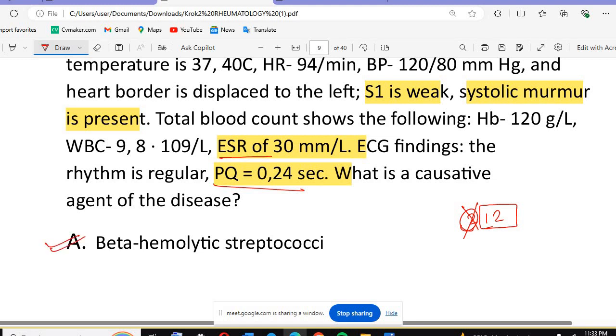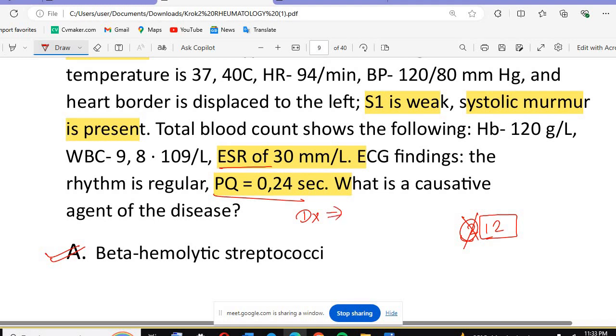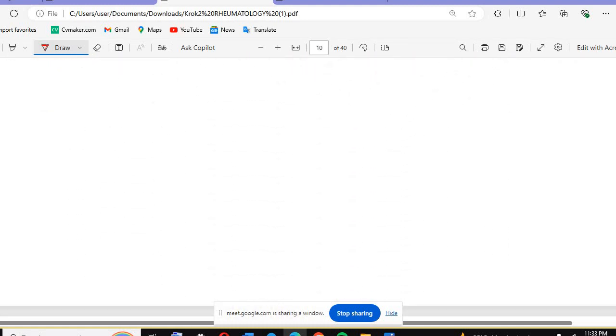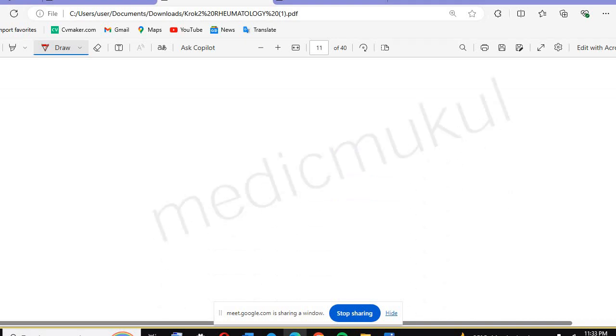The causative agent is beta hemolytic streptococcus. What is the diagnosis? Acute rheumatic fever. A person with a history of tonsillitis can develop complications leading to acute rheumatic fever, and it follows the Jones criteria.